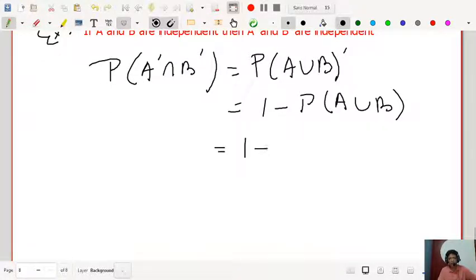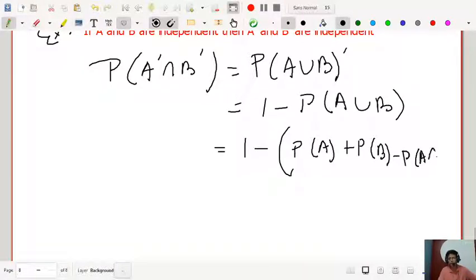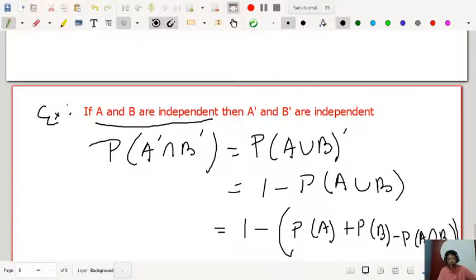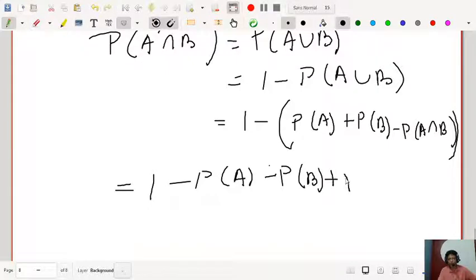So that is equal to, and you can put your general addition rule here, probability of A plus probability of B minus probability of A intersection B. If you open the bracket, you will get 1 minus probability of A minus probability of B plus probability of A intersection B, and A intersection B is probability of A into probability of B because A and B are independent.